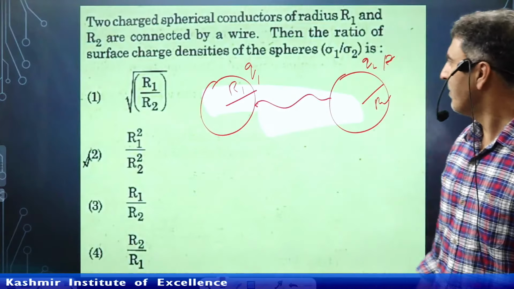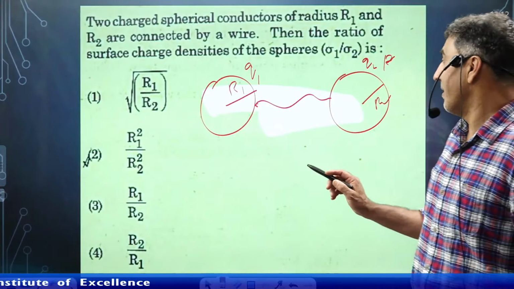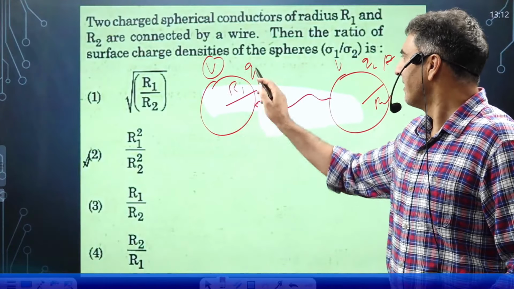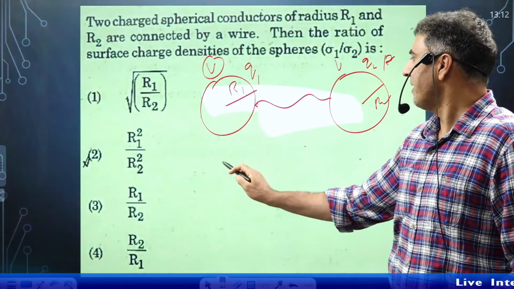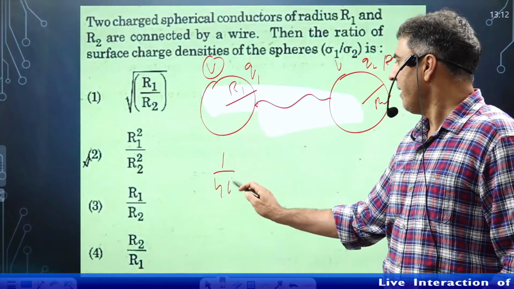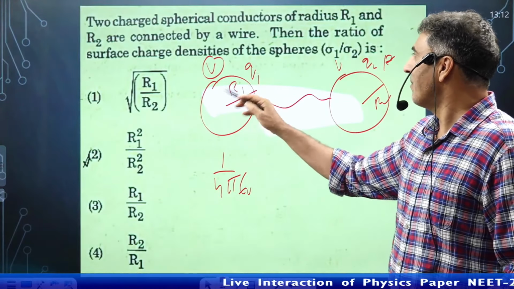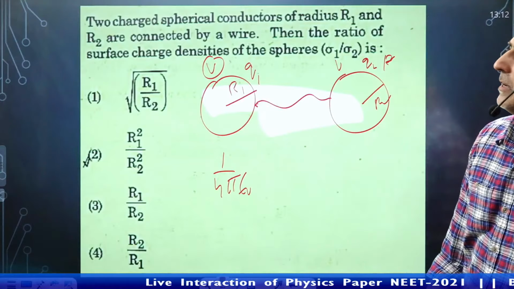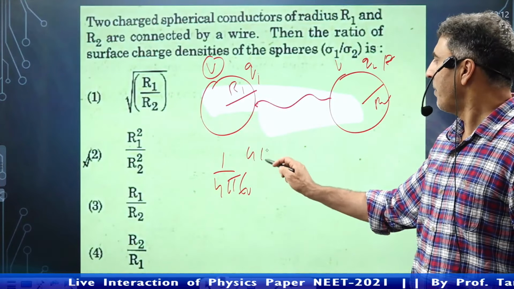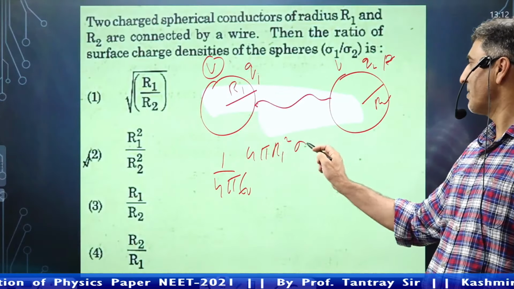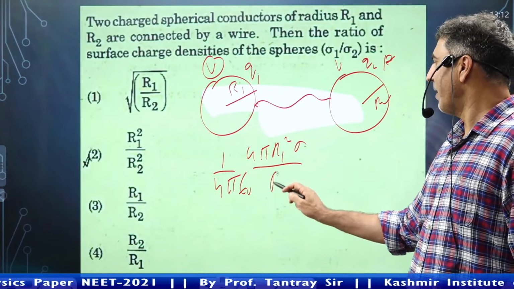When I connect them, you should immediately realize that the potential becomes the same. What is the potential for this sphere? That is 1 by 4 pi epsilon naught times q1 charge, but I will put that in terms of charge density. That is 4 pi r1 square sigma, charge being surface area into sigma, divided by R1.